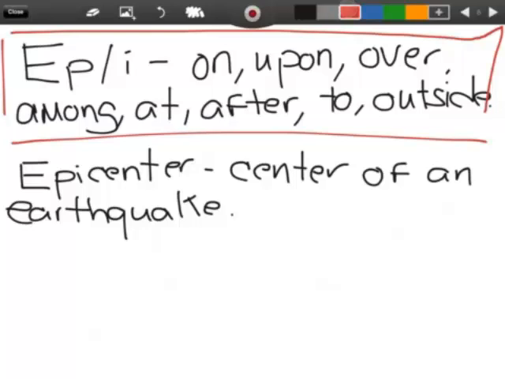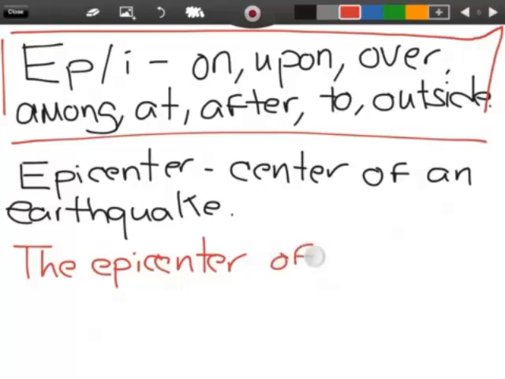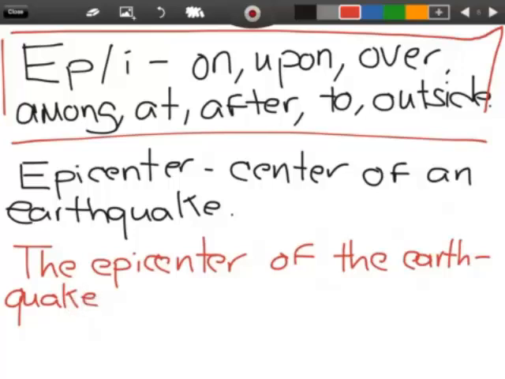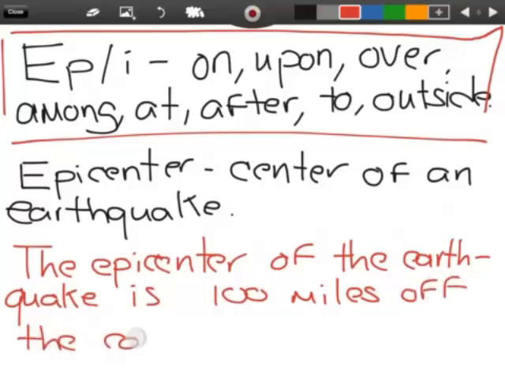I'm going to go ahead and use this in a sentence. I'm going to say the epicenter of the earthquake is 100 miles off the coast of Japan.